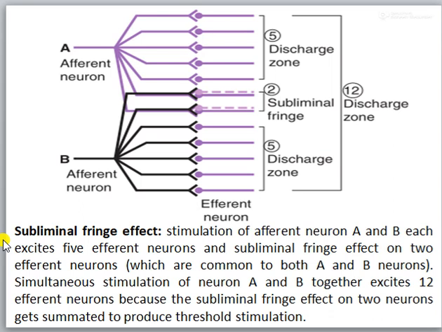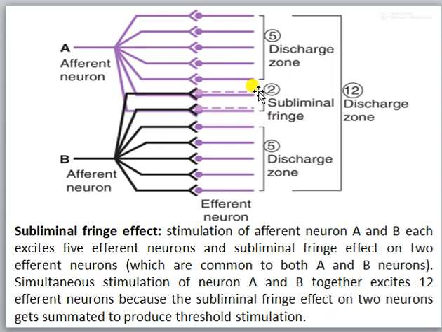This is the diagram that shows the subliminal fringe effect. In this, stimulation of A and B afferent neurons excites the 5 efferent neurons, and there is a subliminal fringe effect on 2 efferent neurons that are common, that are excited to below threshold level and cannot discharge.